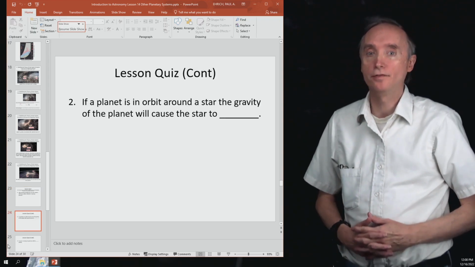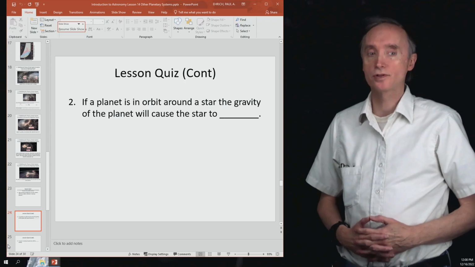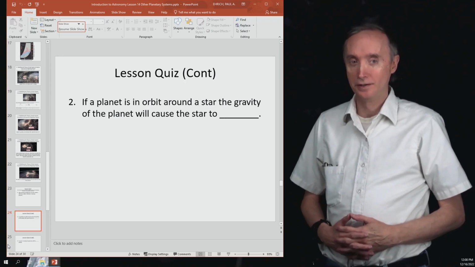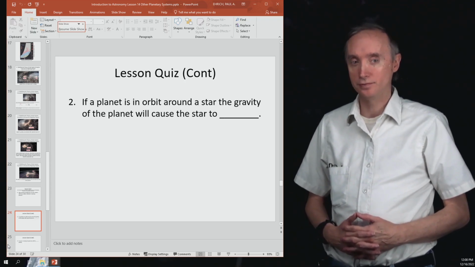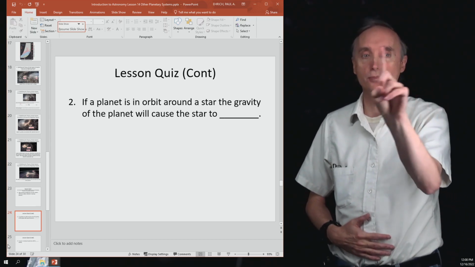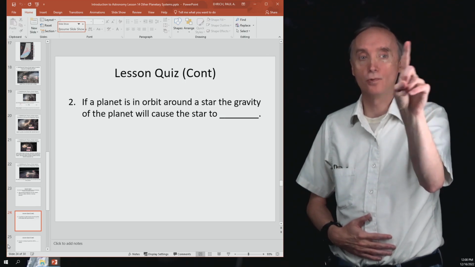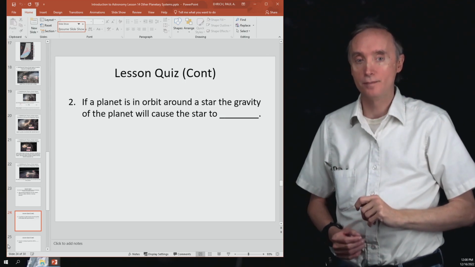Question number 2. If a planet is in orbit around a star, the gravity of that planet will cause the star to do what? Begins with the letter W. Wobble. So that star is going to be moving back and forth because that star is in orbit around its center of mass.